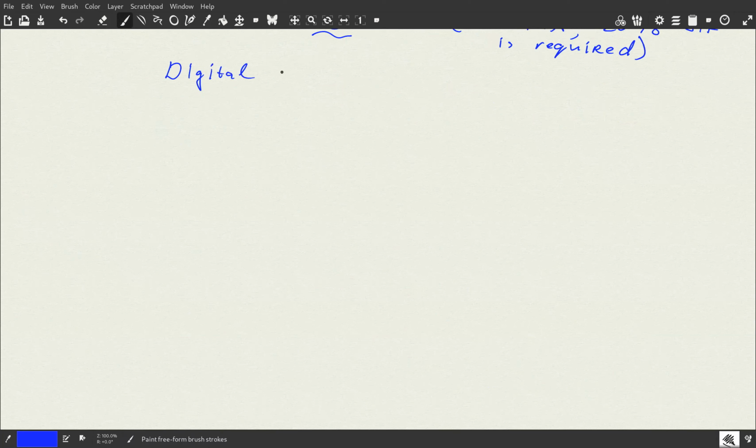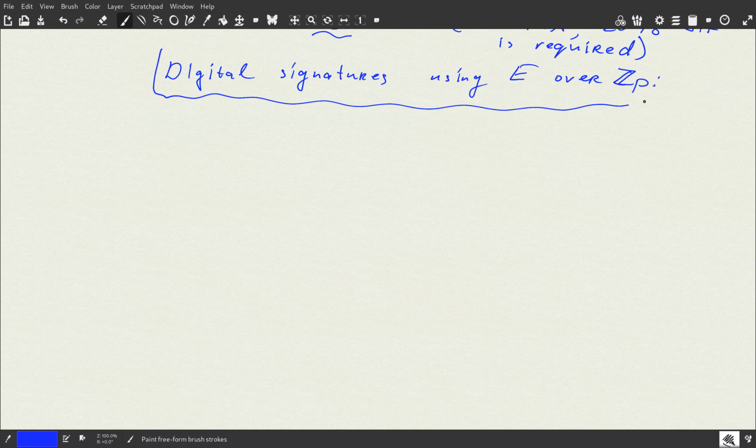Digital signatures using elliptic curves over Z_p. This will be based on the operation which I mentioned actually. Making a multiple of a point is easy, but finding the number itself, actually performing division by n, is extremely, extremely, extremely difficult.